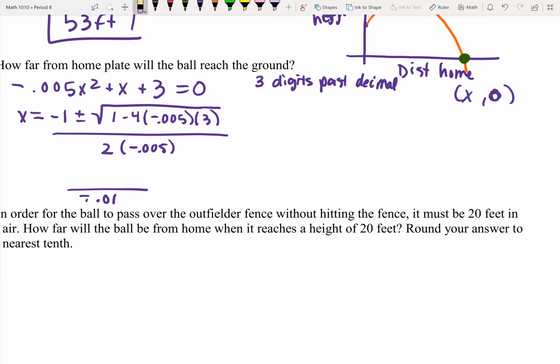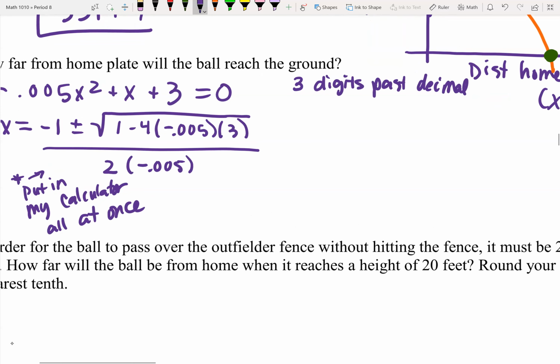So look what I want you to do. I want you to put a little asterisk or draw an arrow and say, put in my calculator all at once. It's kind of tricky, so watch closely. I have to add parentheses in 2 places. Someone tell me where the 2 places are before we begin.